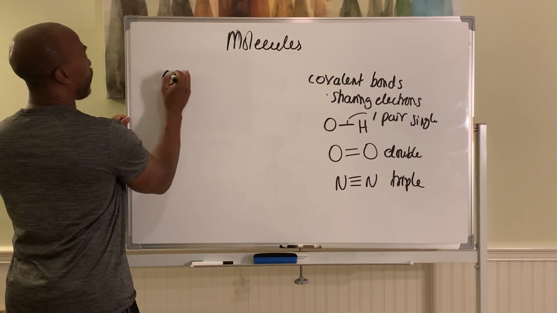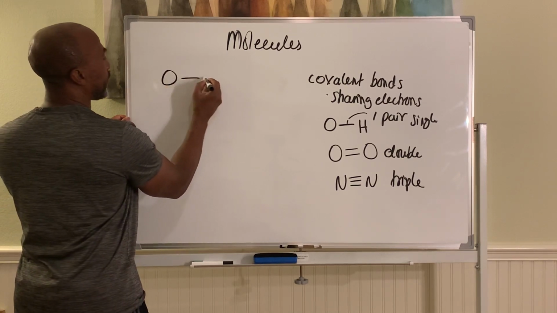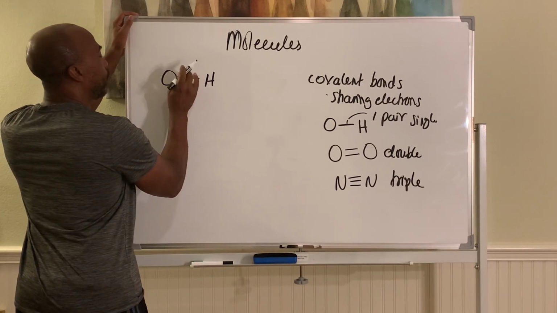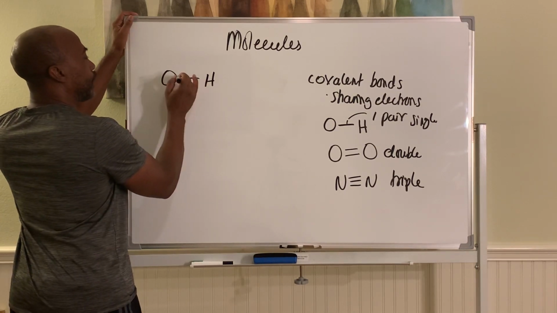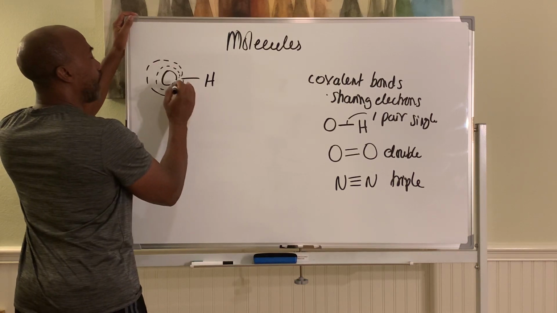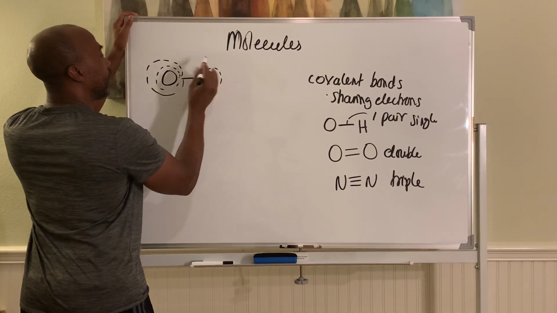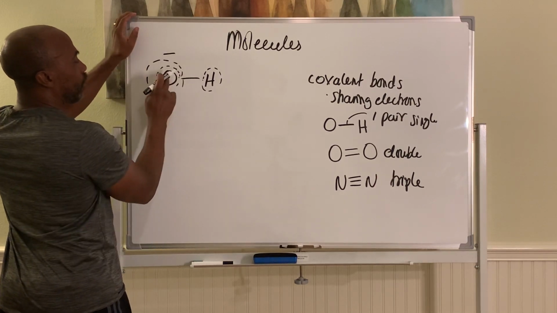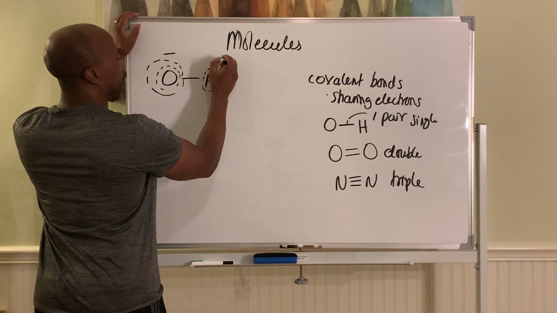So in this bond between oxygen and hydrogen, the electrons will spend more time over here than here. So the cloud of electrons will be bigger around the oxygen versus around the hydrogen, and that would give oxygen a slightly more negative charge and make hydrogen slightly positive.